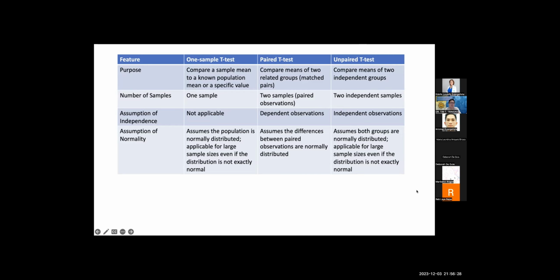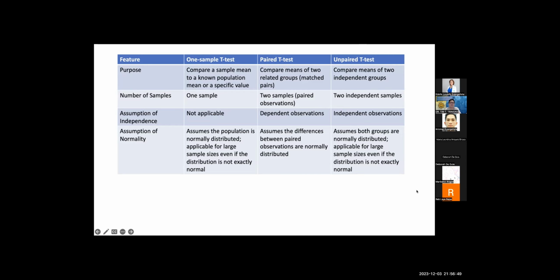Okay, the last type of t-test is this unpaired t-test or the independent. So with this, it is used to compare the means of two independent groups. So there are two totally different or independent groups, not related to each other.